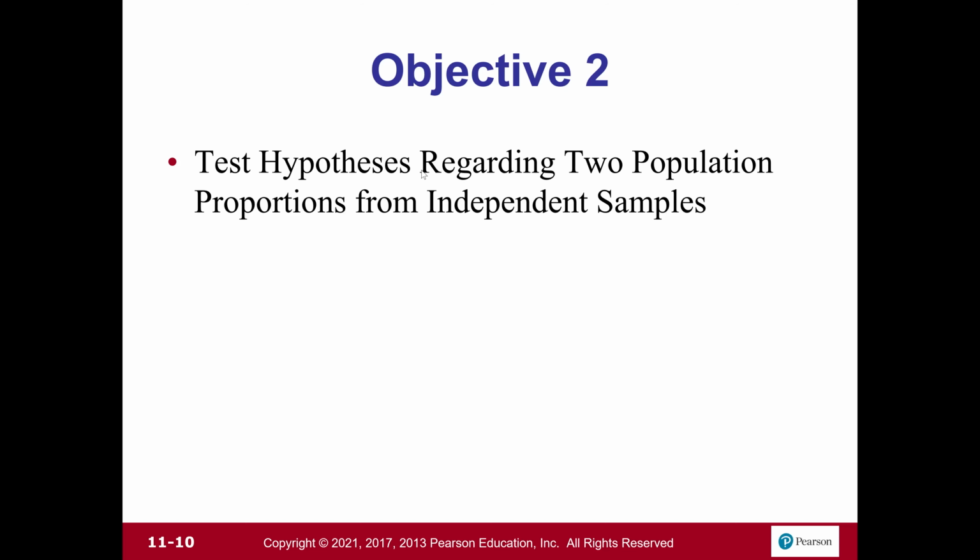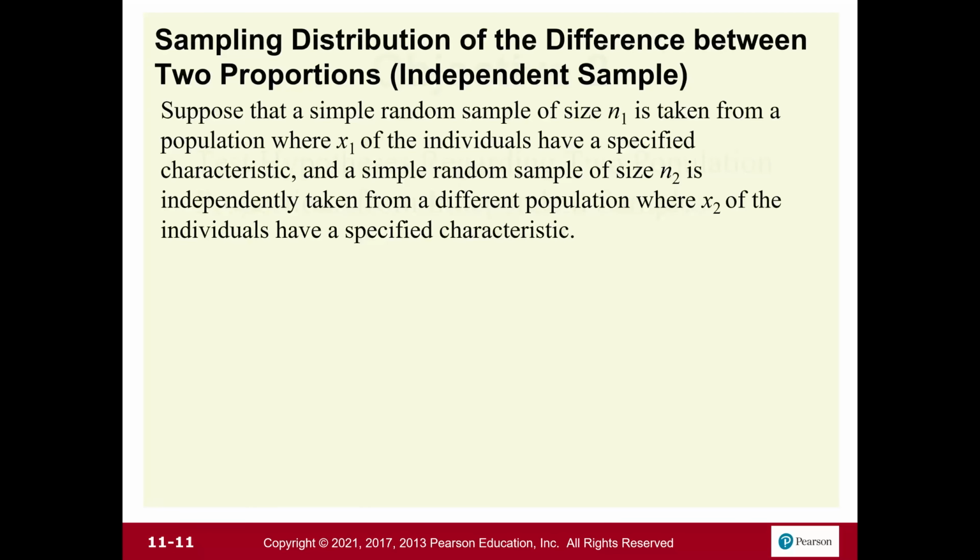The second objective is to test the hypothesis regarding two population proportions from independent samples. Again, we have two sample proportions, and suppose an SRS of size n1 is taken from population 1, where x1 of the individuals have the specified characteristic, and in the second population, the sample size will be n2, and it is independent, and x2 would be the individuals with the specified characteristic.